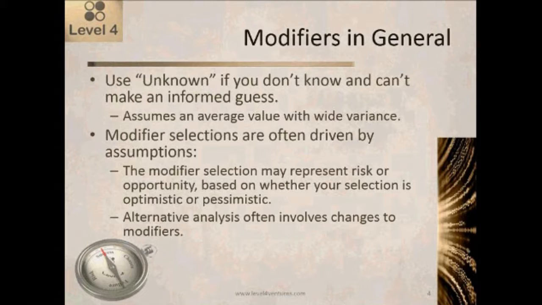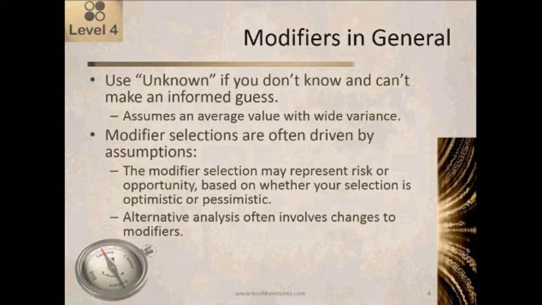So if you make a pessimistic selection, then your estimate will be higher, and there's a possibility that things will be better than you expected, and so you'll be overestimating. Conversely, if you set it to the optimistic setting, then there's a chance that that optimistic choice will be too optimistic, in which case you'll be underestimating.